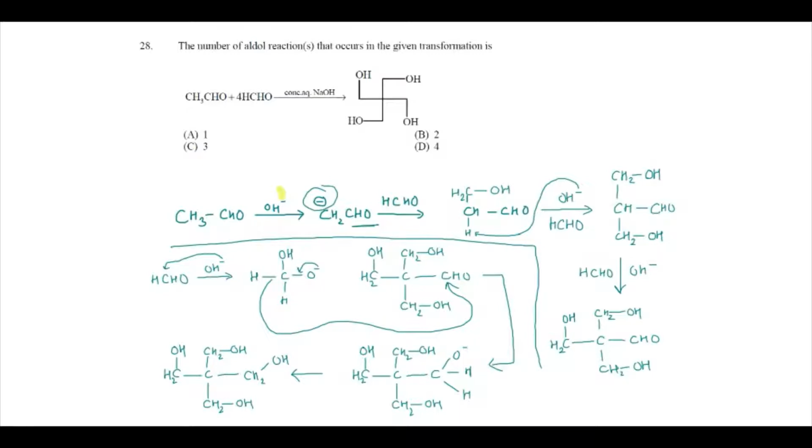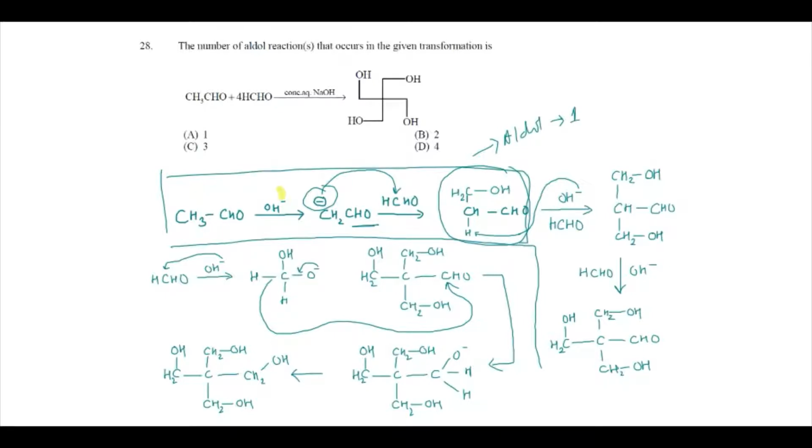Then in the next step, this CH2 minus is attacking the carbonyl carbon of the formaldehyde, and in the next step, we are getting this as a product. So, this whole process is just one aldol condensation. This is the number 1 aldol condensation.